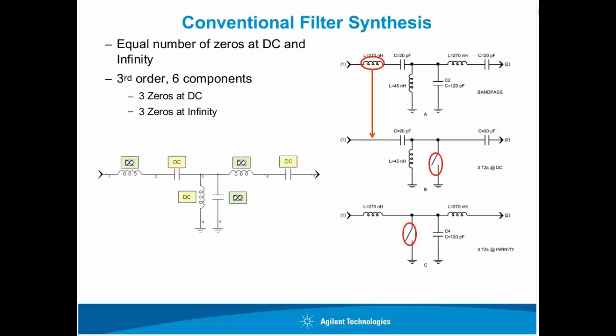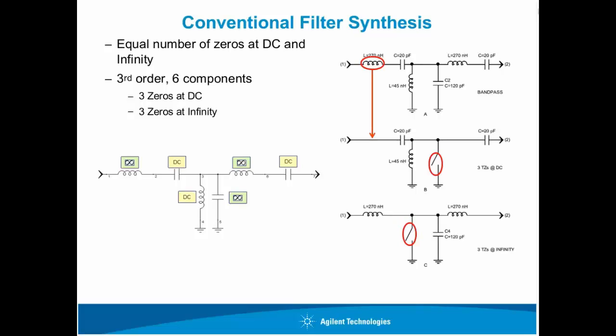The series inductor basically disappears, as do the shunt capacitors. And then at the bottom, we have the 3 transmission zeros at infinity. At infinity, the series capacitor and the shunt inductor basically disappear.